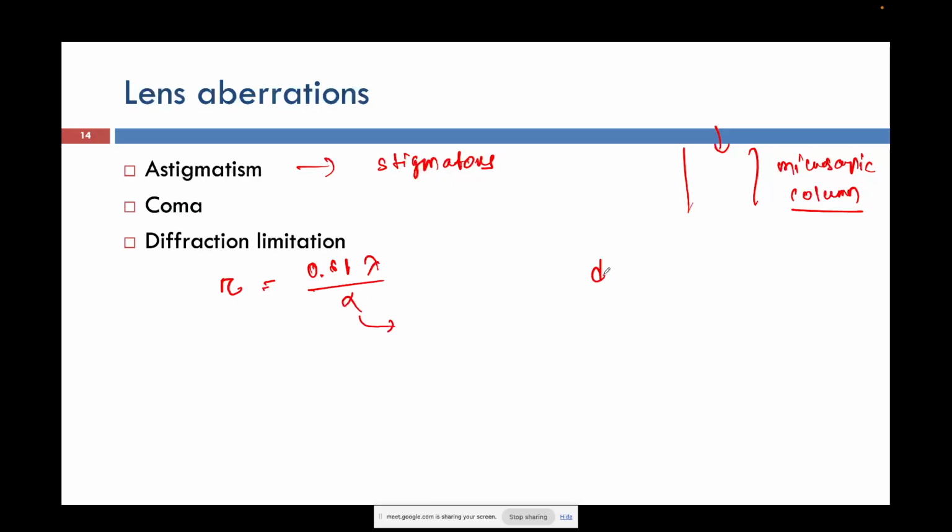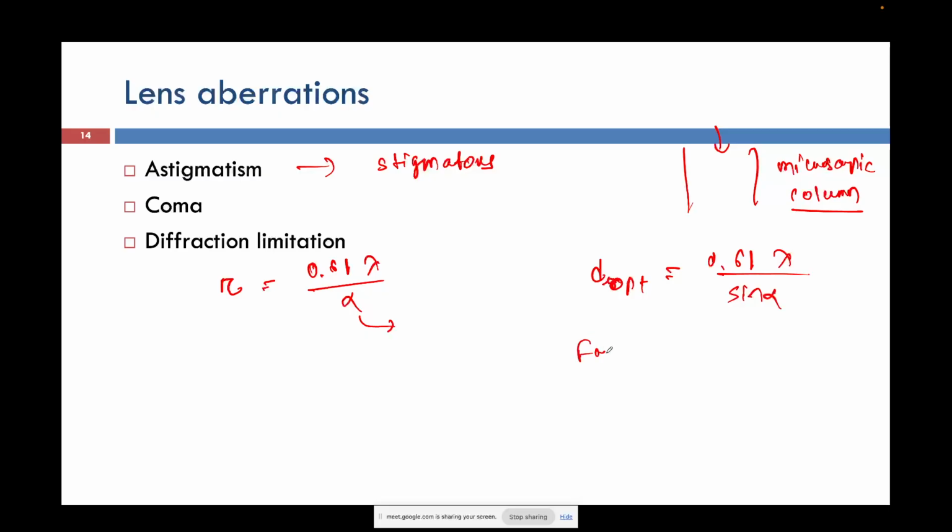We know the resolution, D optimum, is 0.61 lambda divided by sin alpha. And we know that for electrons the angle of the most oblique electron which will be deflected is not that great, it is very, very low.